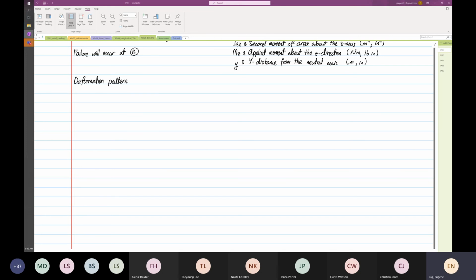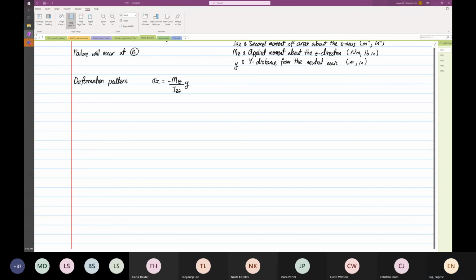If we look at the deformation pattern, we realize that the root formula is stress X is equal to minus moment about the z-axis divided by IZZ multiplied by y.